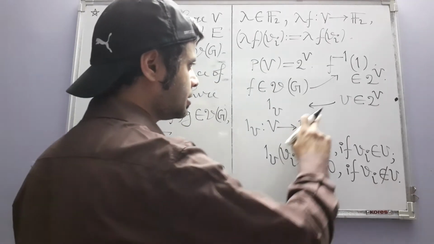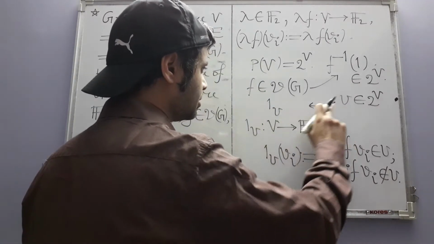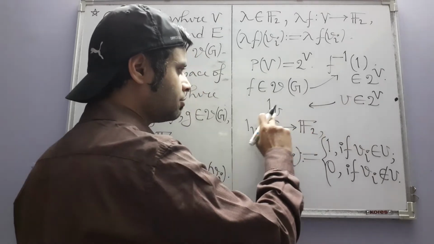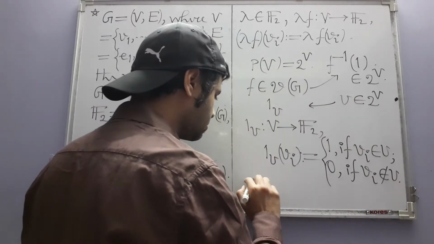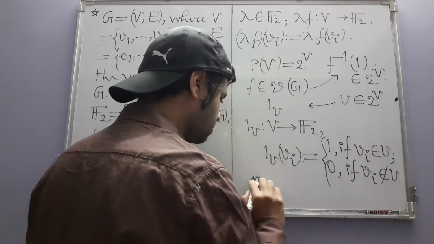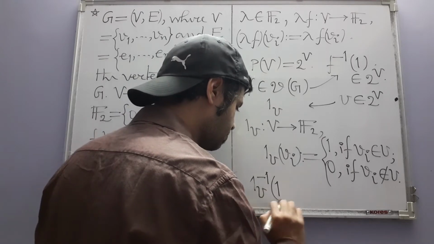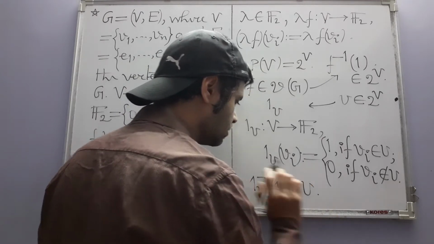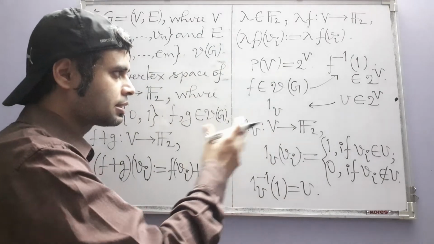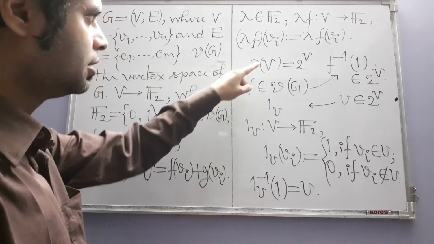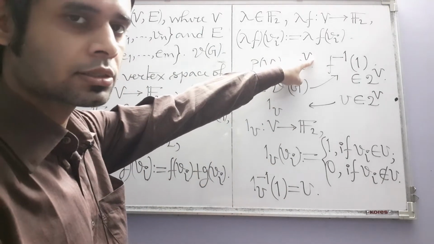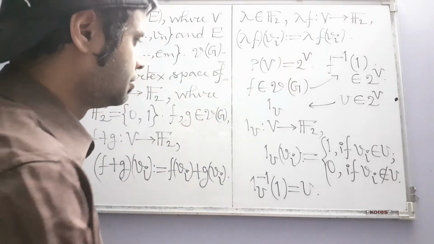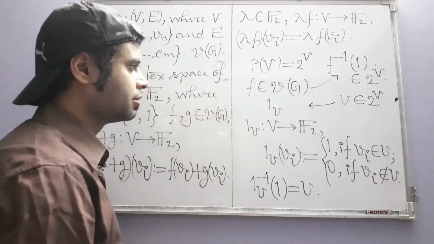So either you say what U is directly, or you give this function, they are in fact the same thing. And you can also see that under this correspondence we are getting 1_U from U, and in fact this inverse image is precisely U. So that is why this sets up a one-to-one correspondence between the power set of the vertex set and our space.